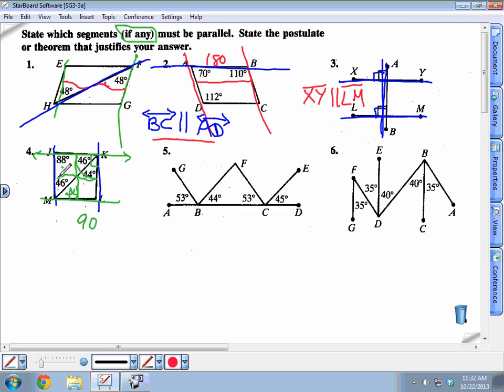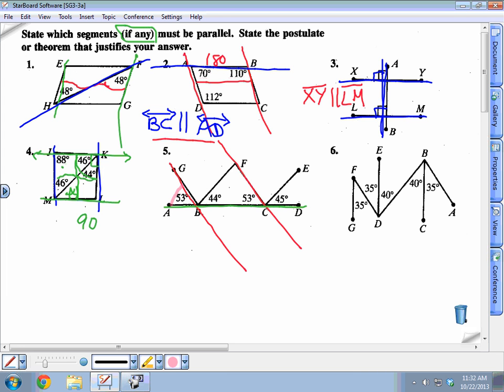Okay, let's take a look at number 5. I have lots of different lines going on here, and I have a transversal. Let's look at this line and this line. If I look at those two lines and I look at segment AD being a transversal, try to block out everything else that you can see. Do you see anything? The 53 and 53, don't you?